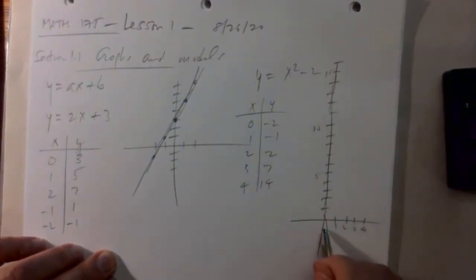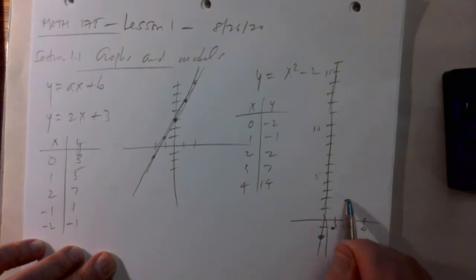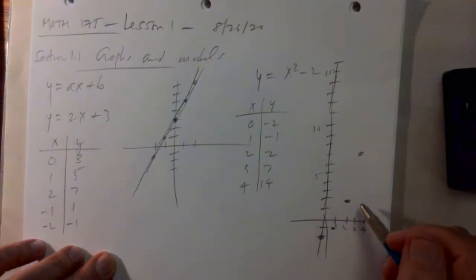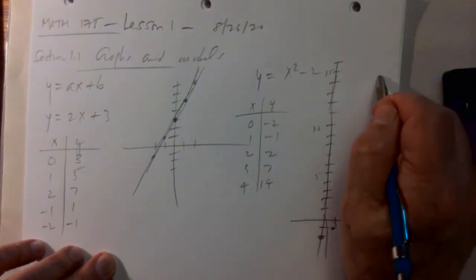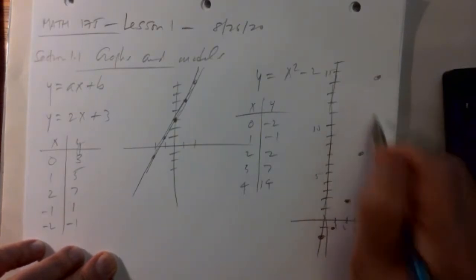So when x is 0, it's negative 2. When x is 1, it's negative 1. When x is 2, it's 2. When x is 3, it's 7. When x is 4, it's 14. So this is what we get, something that looks like that.